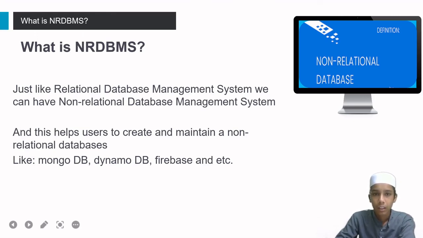We have talked about relational data and non-relational data and the advantages of non-relational data. And we have talked about RDBMS. And now the final one, we are going to talk about NRDBMS, which is Non-Relational Database Management System.